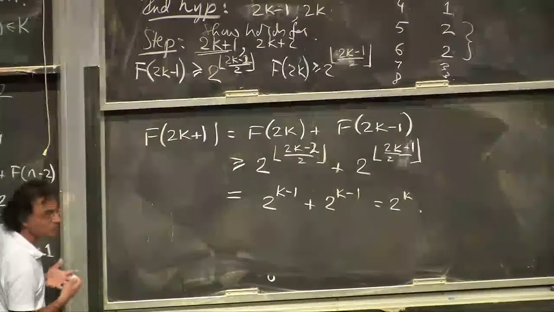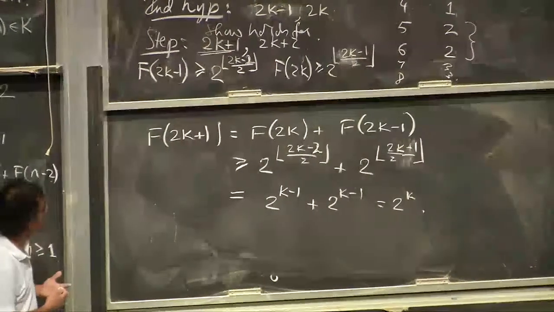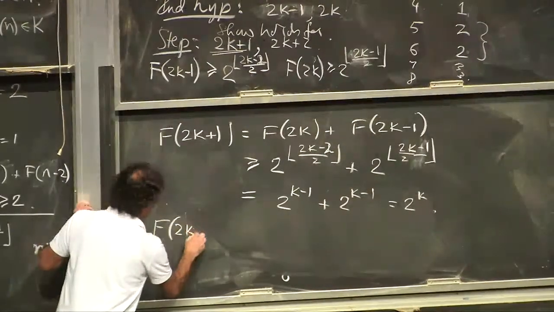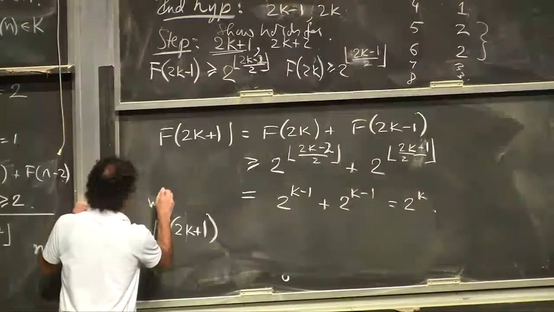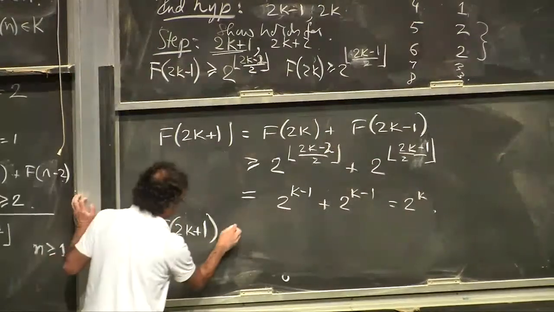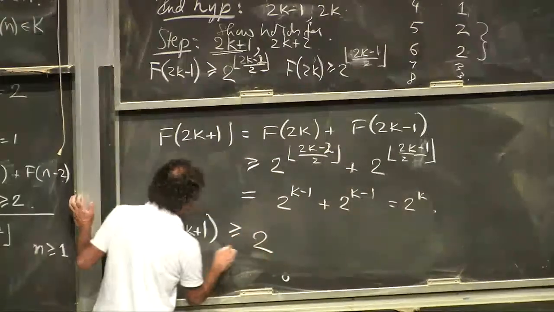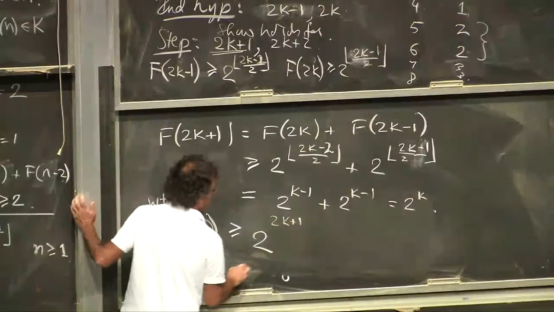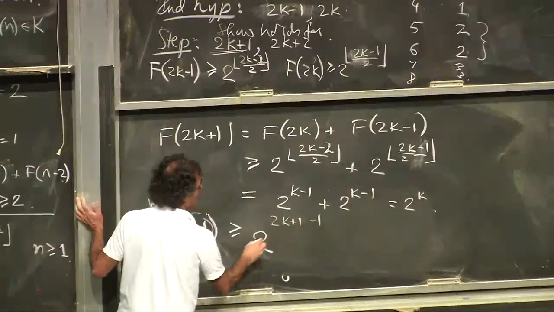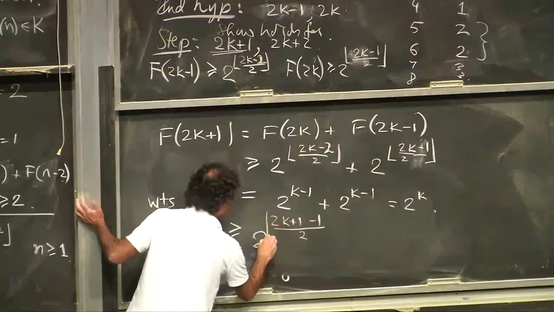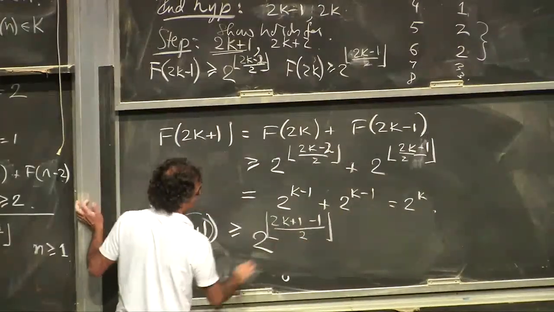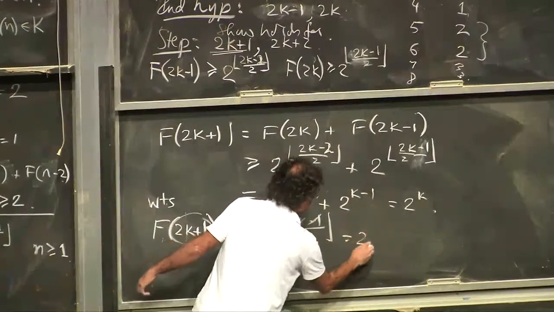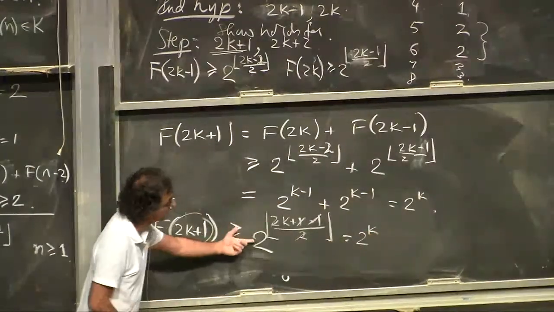And what did we want to show? We wanted to show f of 2k plus 1 is at least 2 to the power of floor of (2k plus 1 minus 1) over 2. So that cancels, and what we wanted to show was that it's at least 2 to the k.